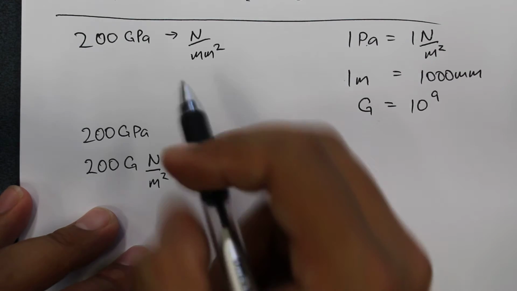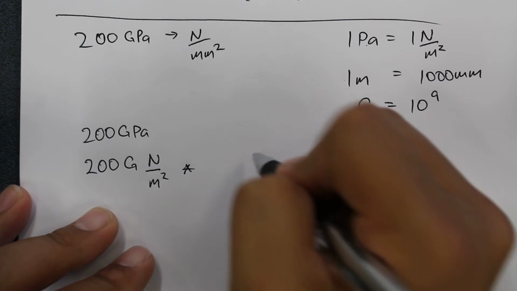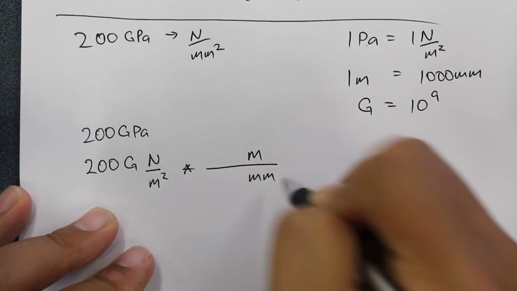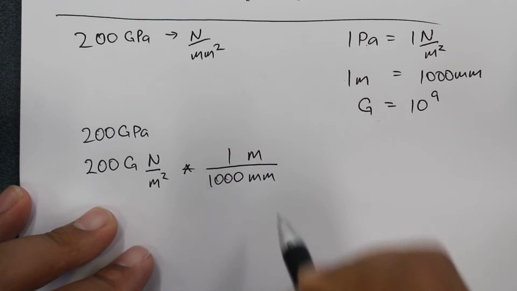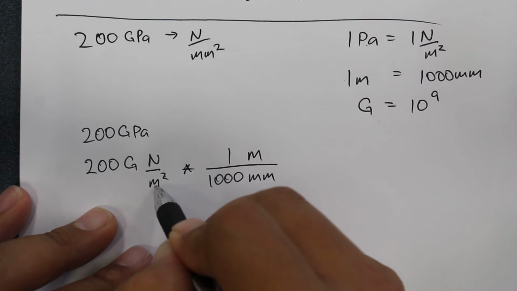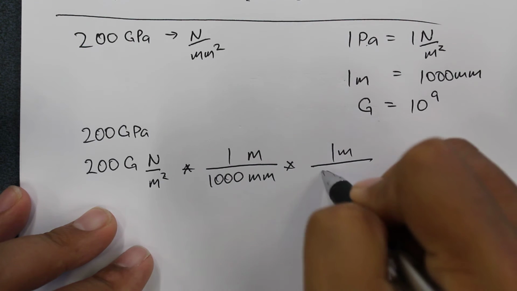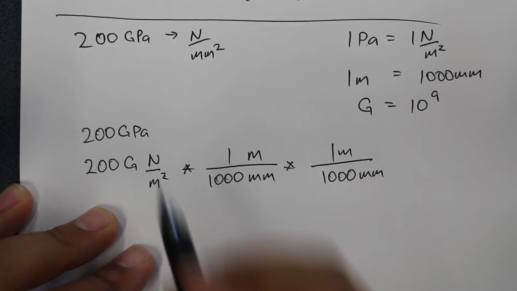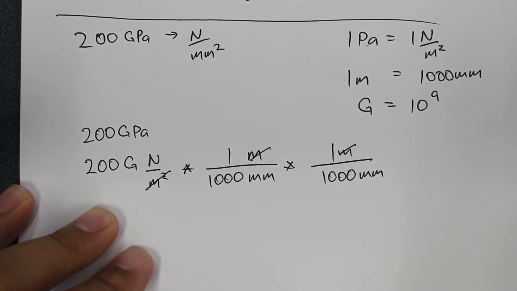So what we could do is multiply by a unit with m on the top and millimeters on the base. We have 1 meter and 1,000 millimeters here. And we want to do this twice to get rid of both of the meter units. So times 1 meter divided by 1,000 millimeters. So the meters squared cancels with the 2 meter units on the top.